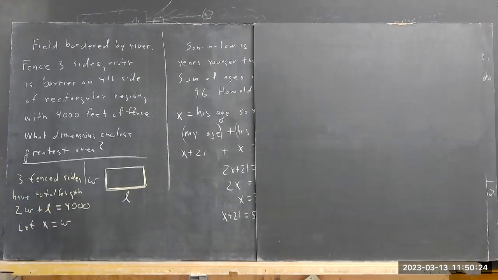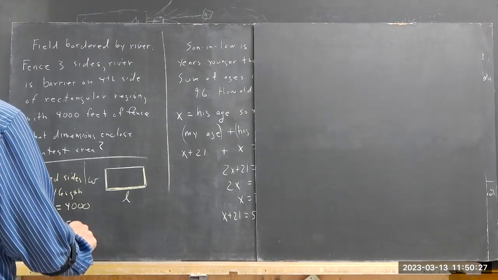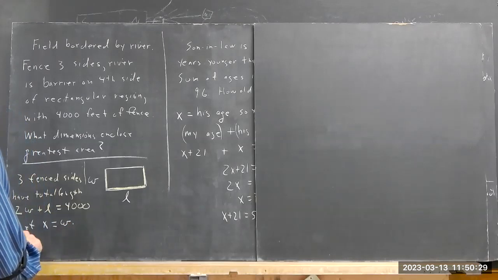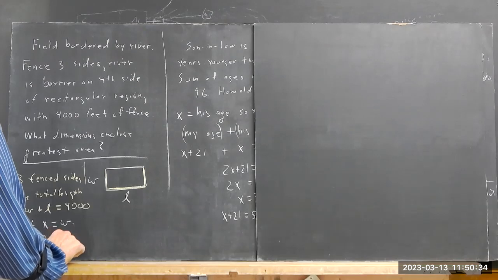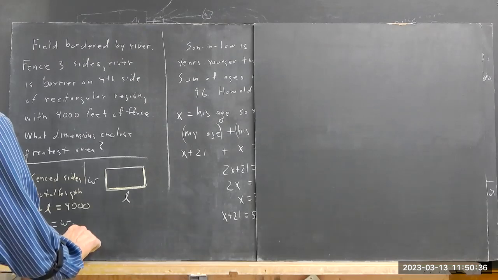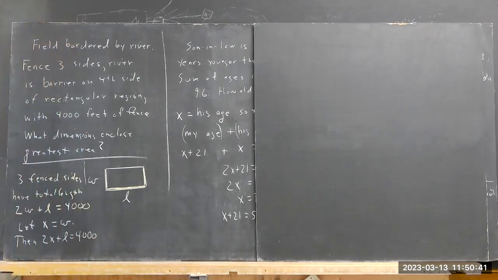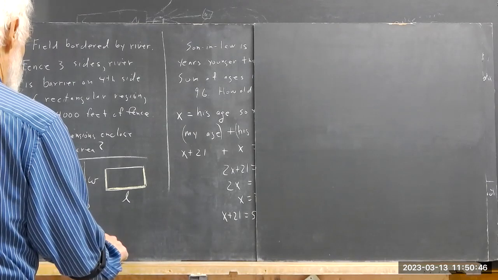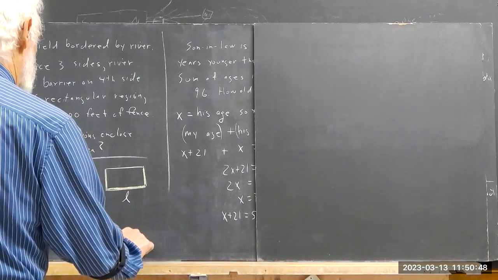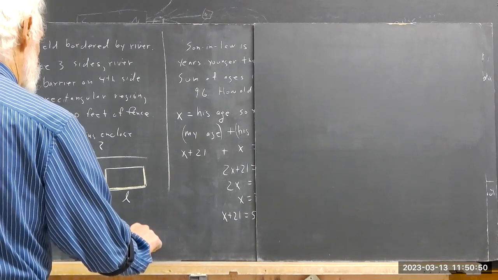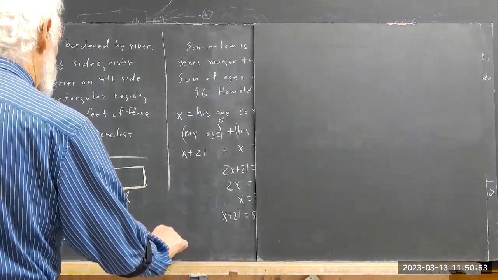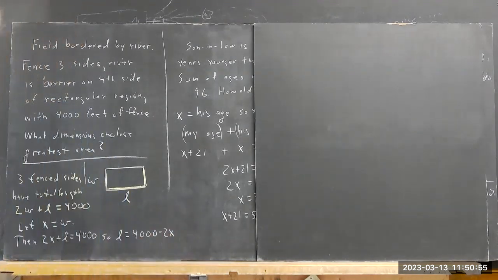Now let X equal your width. Two X plus L is going to be 4,000. So L is going to be 4,000 minus 2X.